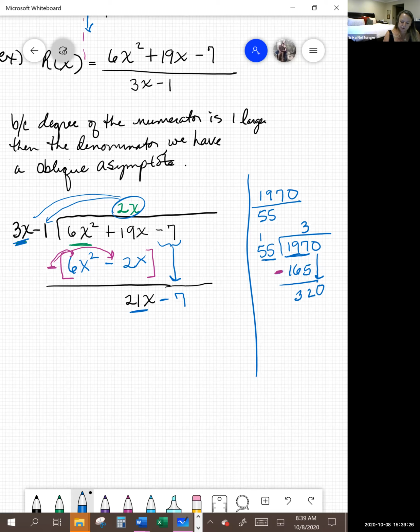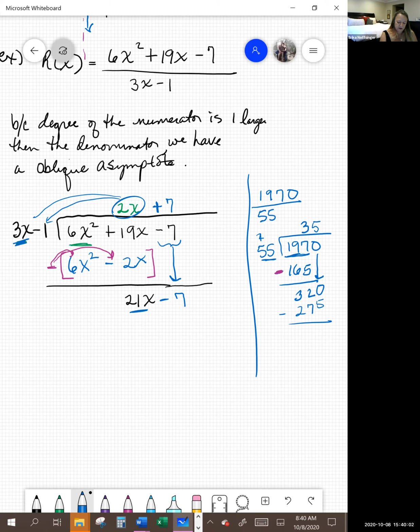Well, 3 times what is 21? That's 7, so plus 7. Like here, we would think 55 goes into 3, it doesn't, 32, it doesn't, 320. My guess is 6 is going to be too big, so 5. So 5 times 5 is 25, 5 times 5 is 25, plus 2 is 27, and then we subtract off.